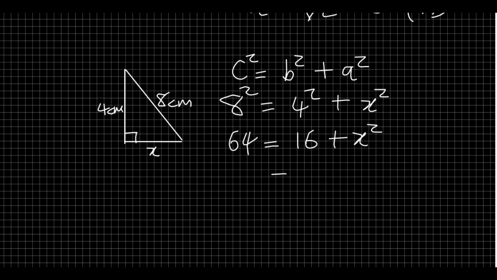To simplify this further, X squared is equal to 64 minus 16. We calculate that 64 minus 16.